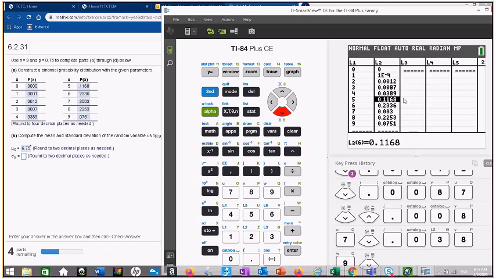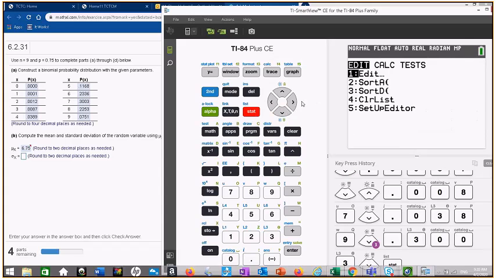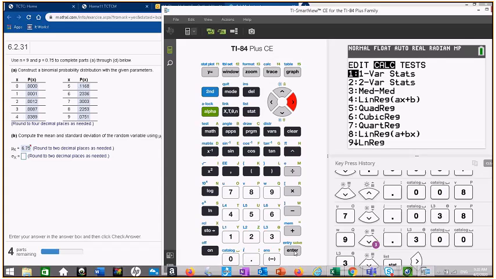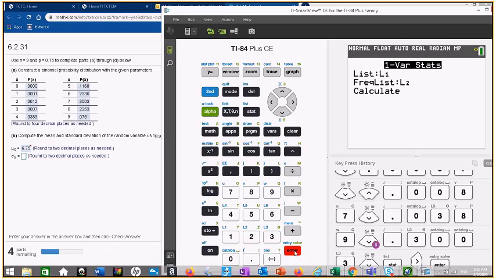All right, what about that number 7? 0.3003. 0.3003. There. Now let's see if it's right. Calculate. I think I need to end on this one.